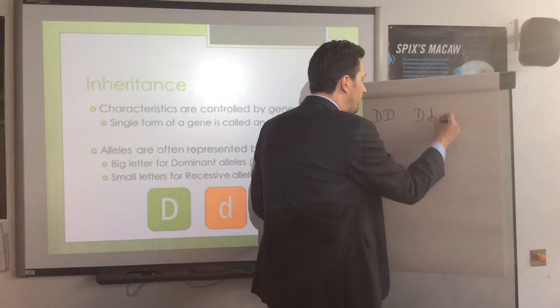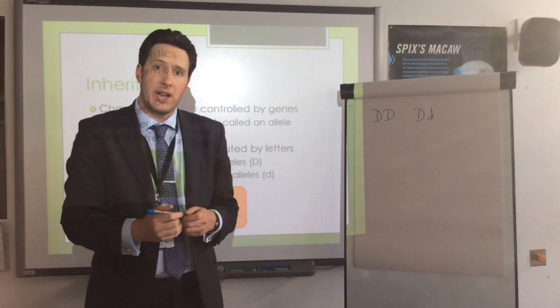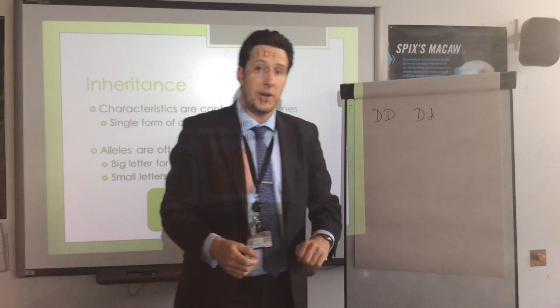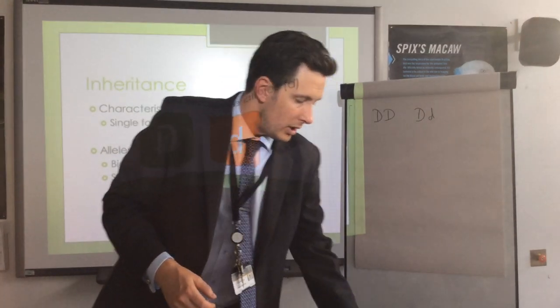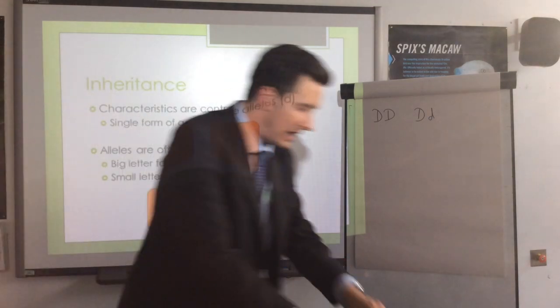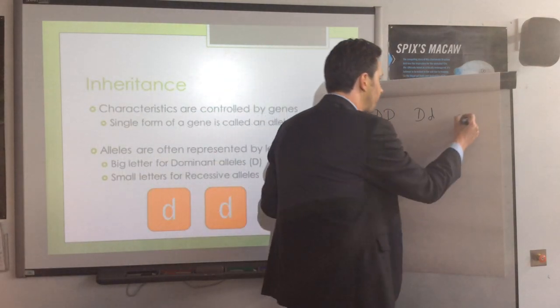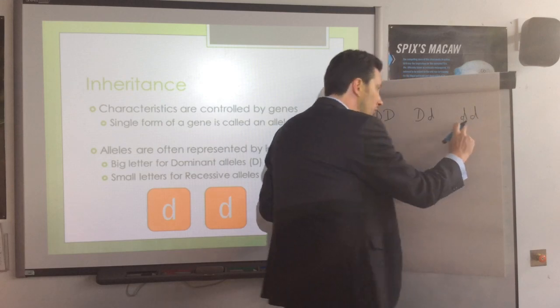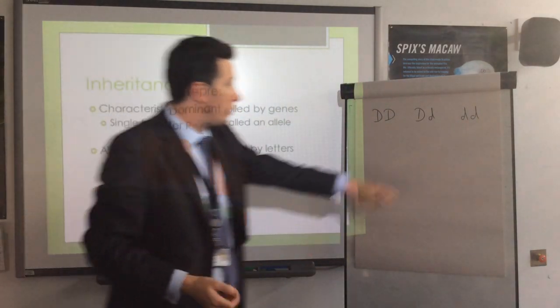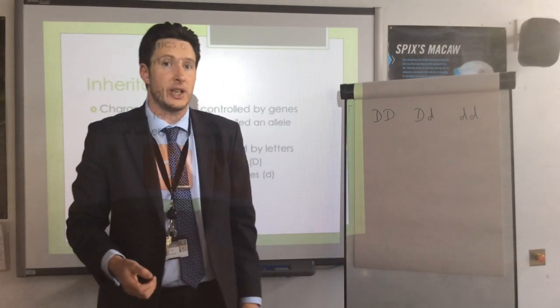Whatever the dominant characteristic would be, they would have that dominant characteristic because they've got one of the big Ds. Okay? You could also have two little Ds. And because you've got two of the recessive alleles, you would have whatever the recessive characteristic is.